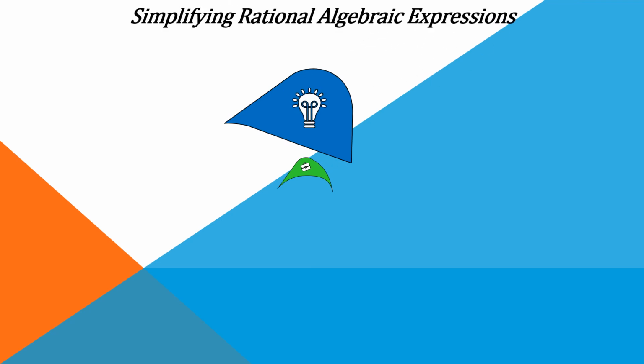Now let us proceed to simplifying rational algebraic expressions. In simplifying rational algebraic expressions, we need to follow some steps so that it becomes easy for us to simplify them.